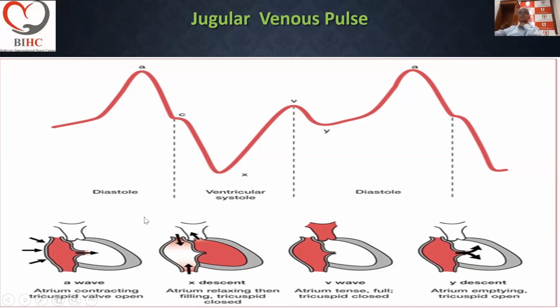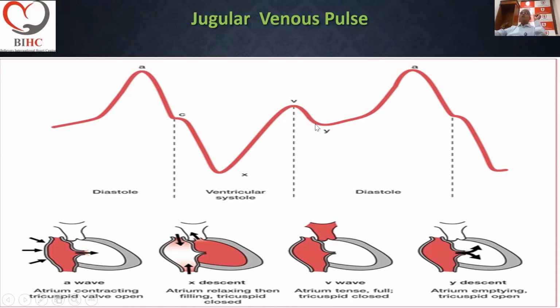Then, as the atrium is relaxing, it is slowly receiving blood from the vena cava. The pressure is slowly coming up and recording the V wave. So once the V wave is inscribed, the systole is about to end and diastole is beginning.